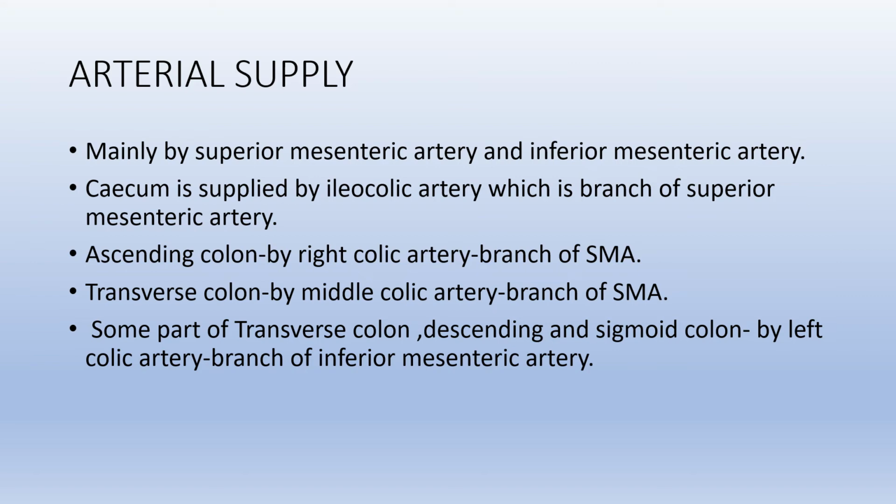Transverse colon is supplied by middle colic artery, which is a branch of superior mesenteric artery. Transverse colon, descending colon, and sigmoid colon are supplied by left colic artery, which is a branch of inferior mesenteric artery.